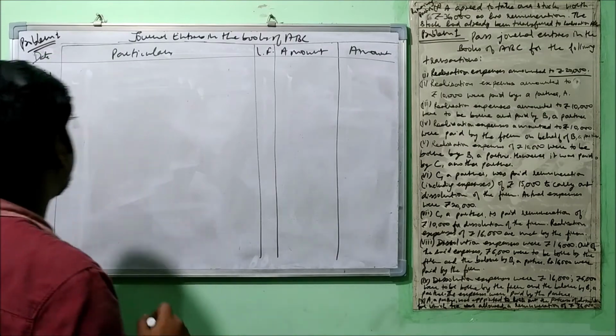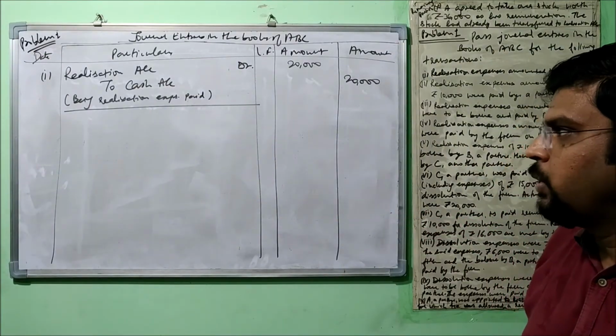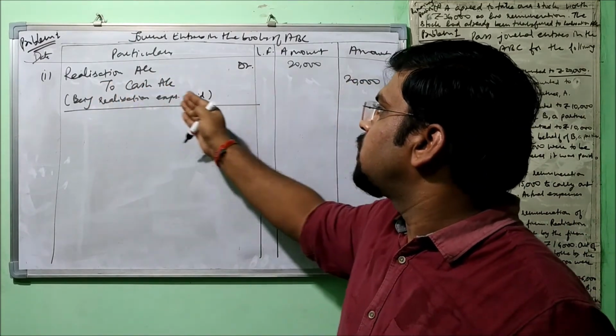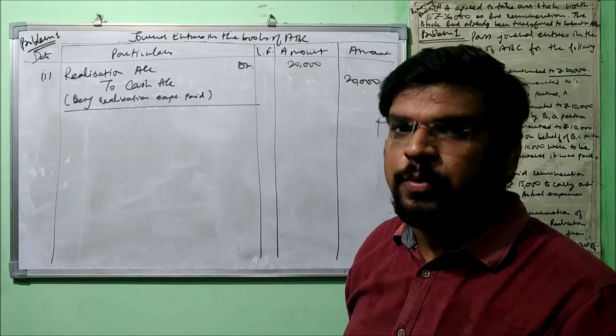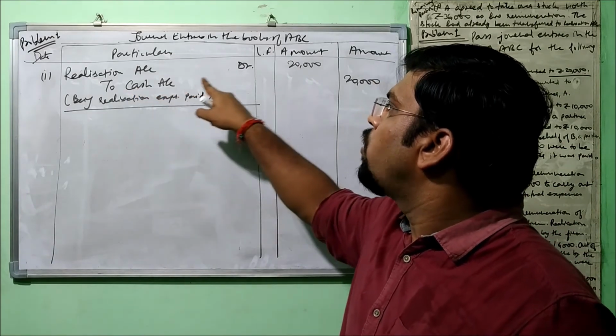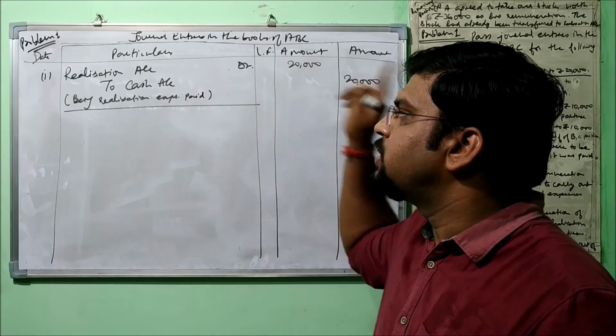What entry will be passed? As we are passing these entries in the books of the firm, realization account debit to cash account. We can put either cash or bank, but right now I'm just using cash for all entries. So realization account debit 20,000 to cash account 20,000, being realization expenses paid.